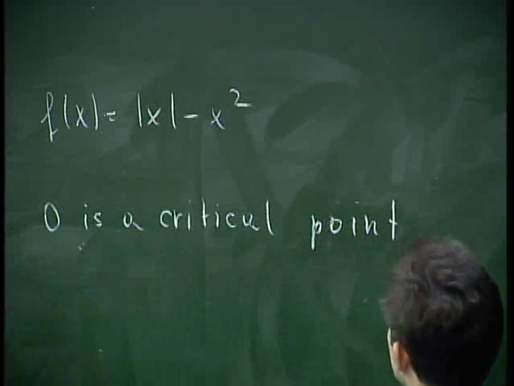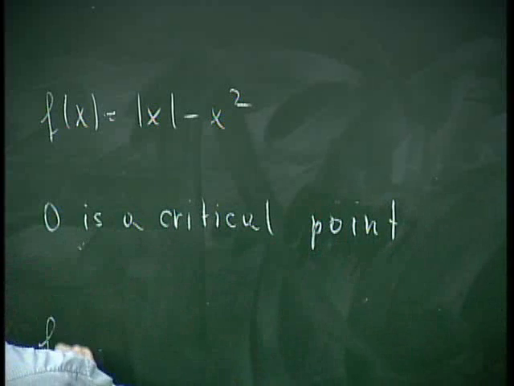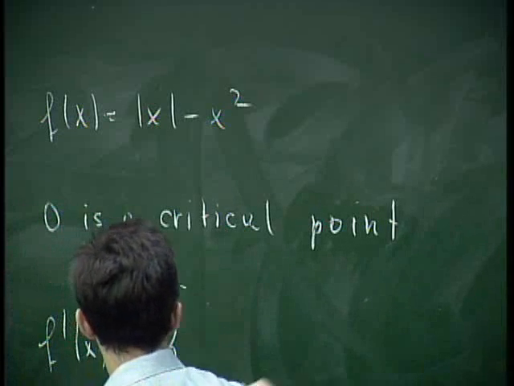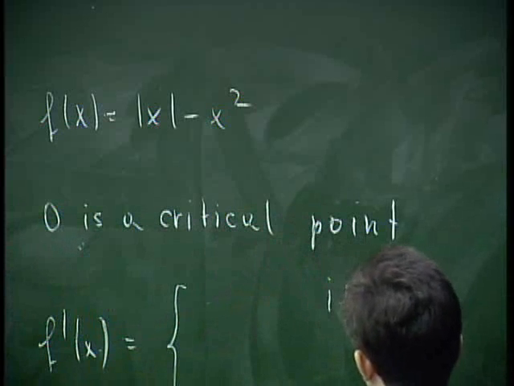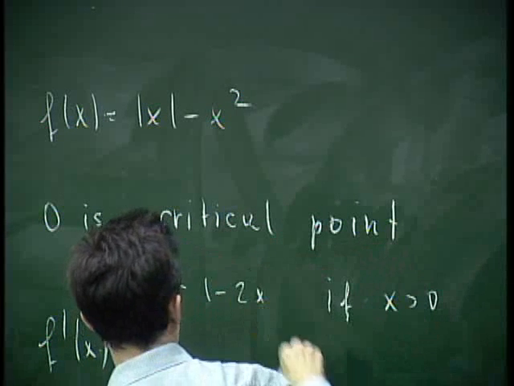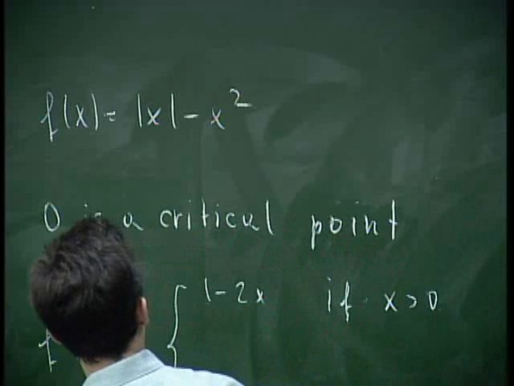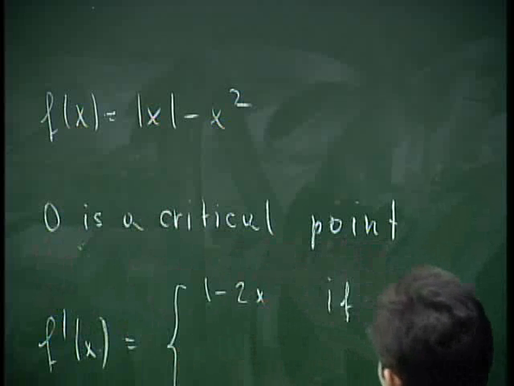In order to find the other critical points, you have to compute the derivative. So the derivative of this function, of course, you split your considerations into two cases. x is larger than 0, where you have 1 minus 2x, and x is smaller than 0, where you have minus 1 minus 2x. And you have to equate this to 0.